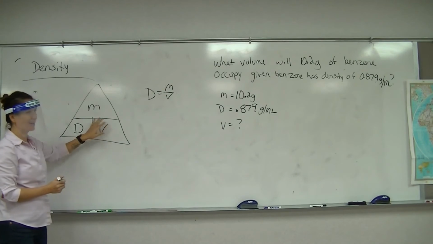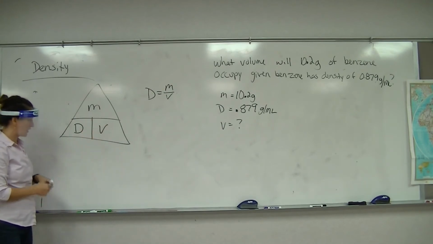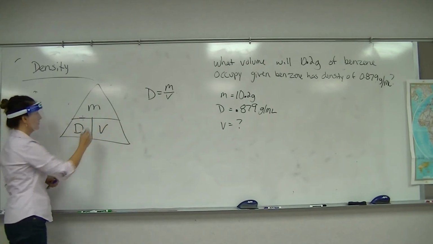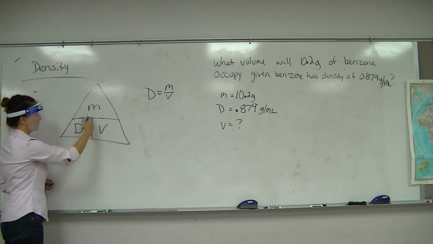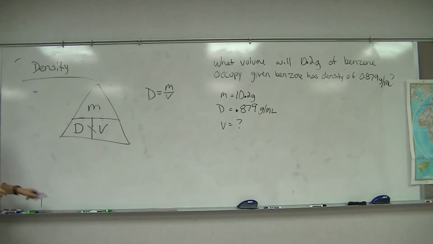This is just a quick way to do it with this triangle. It's just like with the railroad tracks: horizontal lines are the division line, and any vertical lines are multiplication lines. To use this to rearrange the equation, you look at what you're trying to solve for, which is volume.